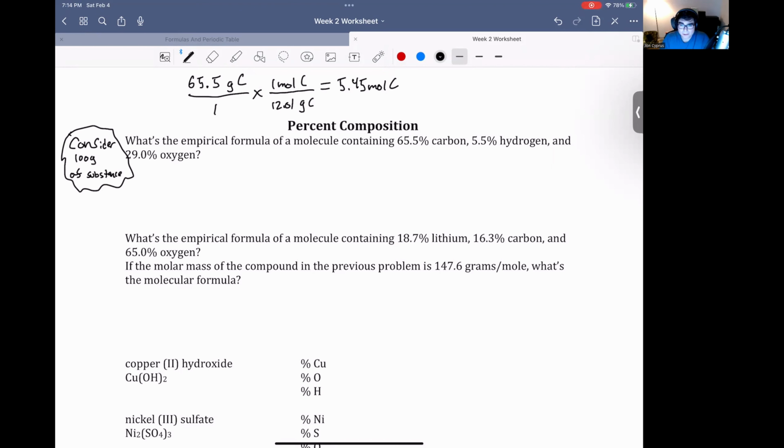We're going to do this for all of them, and you'll see why at the end. Next, we're going to do hydrogen. We have 5.5 grams of hydrogen, again out of 100 grams of compound, times 1 mole of hydrogen, which weighs 1.008 grams.